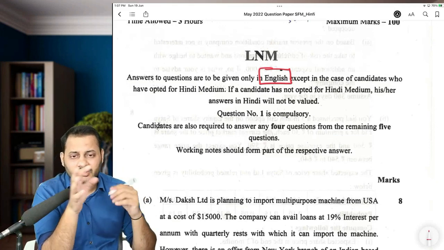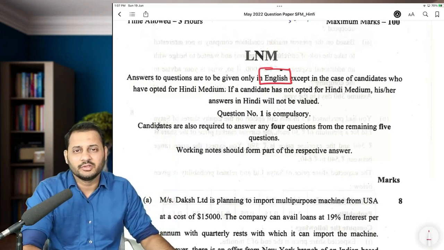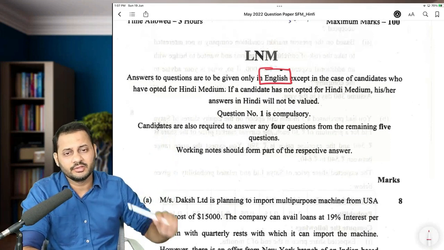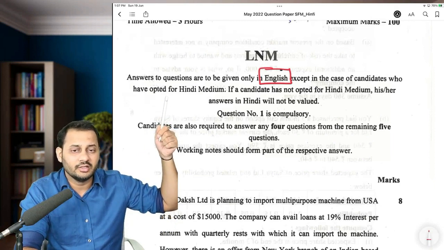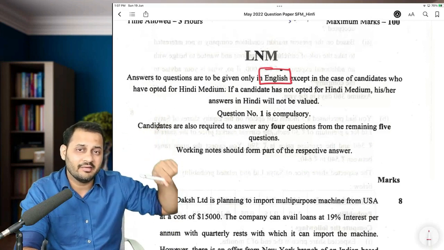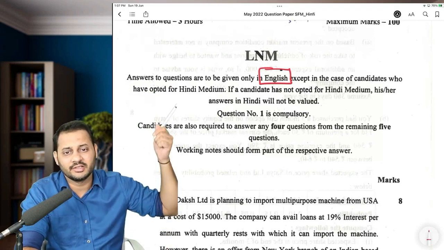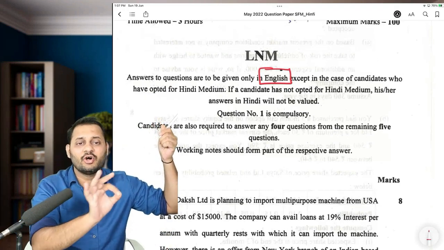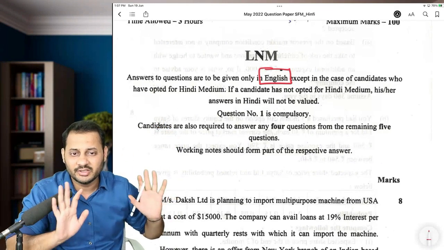I think hardly 1 or 2% will be the total number of students for Hindi medium, so they will have to write Hindi answers. But those who have opted for English medium and write Hindi answers, the answers will not be considered at that time, and that is what is written here. If a candidate has not opted for Hindi medium, his or her answers in Hindi will not be valued.